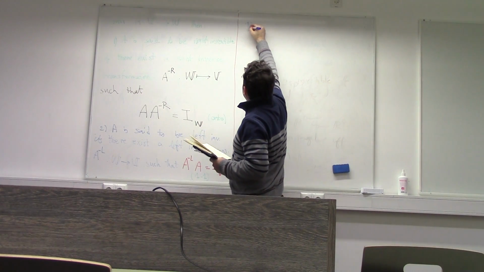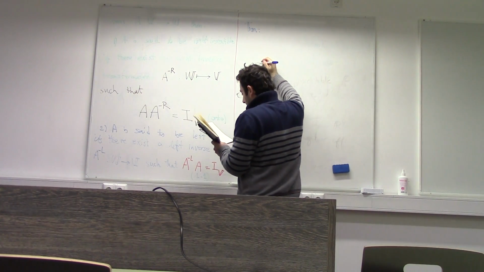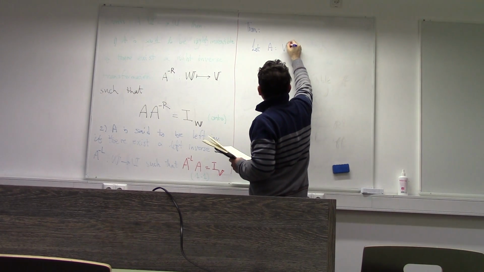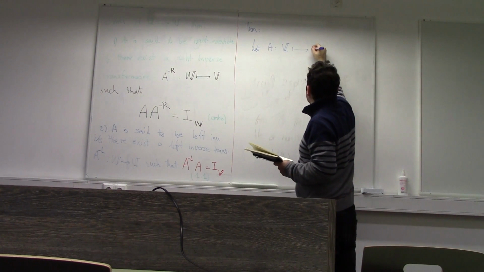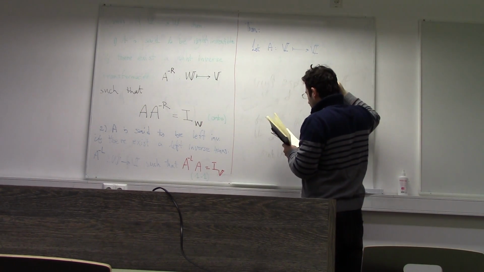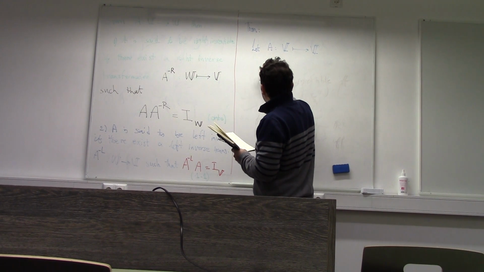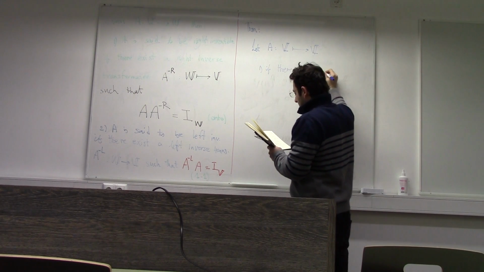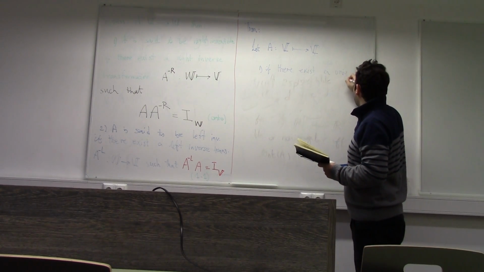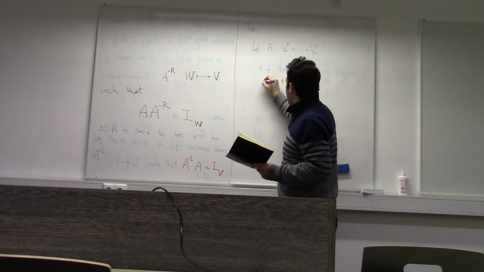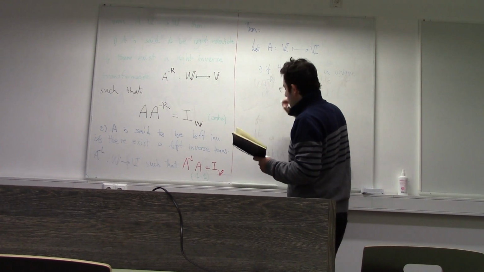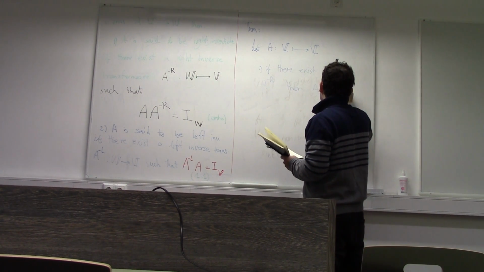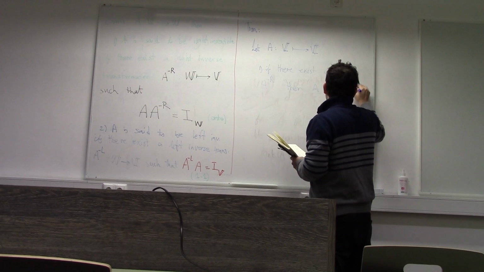And the theorem is this. Let A be from vector space V to vector space V. If there exists a unique A minus R, then A is invertible.